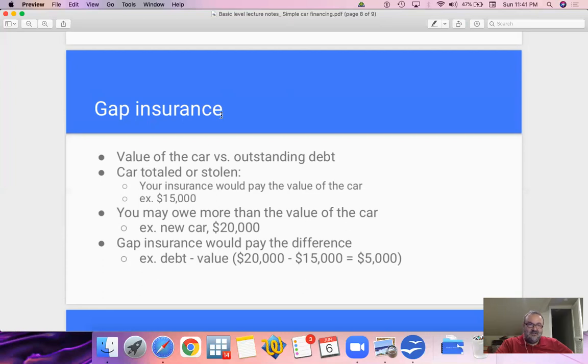This is an additional insurance, and a lot of the time lenders will not require it, but it is a very good idea to consider because the premium for this may not be much. In my own experience, for instance, I used to pay $5 or $10 a month in addition just for the gap insurance, and obviously it depends on the insurer.